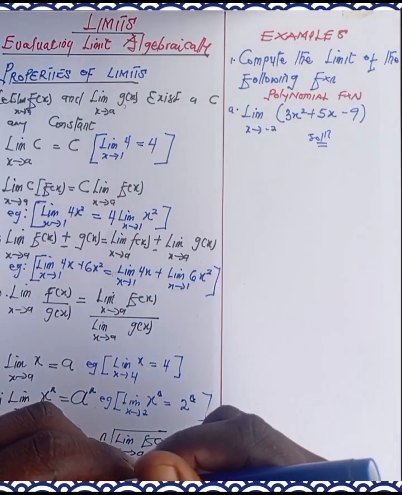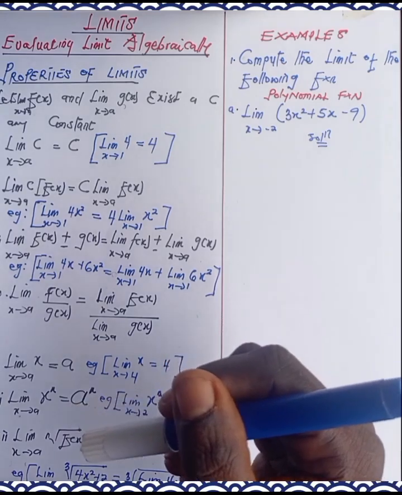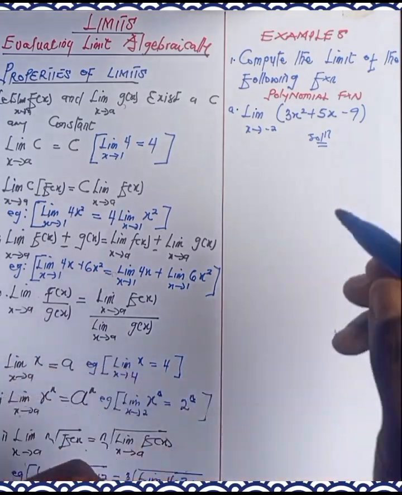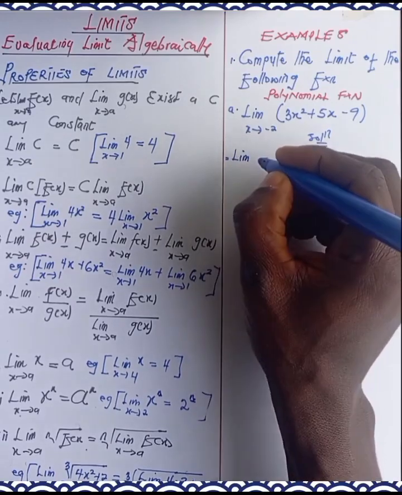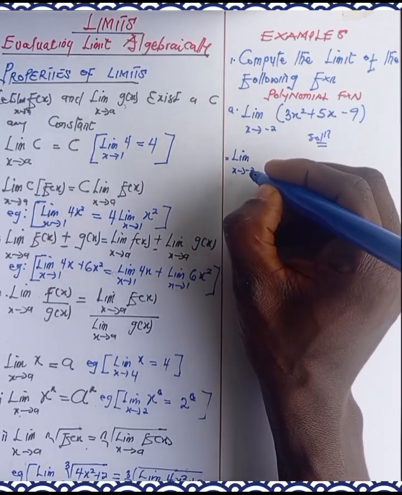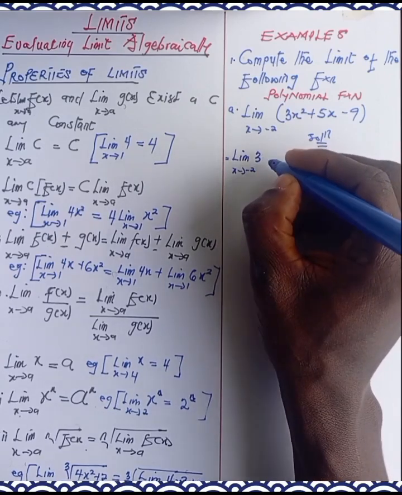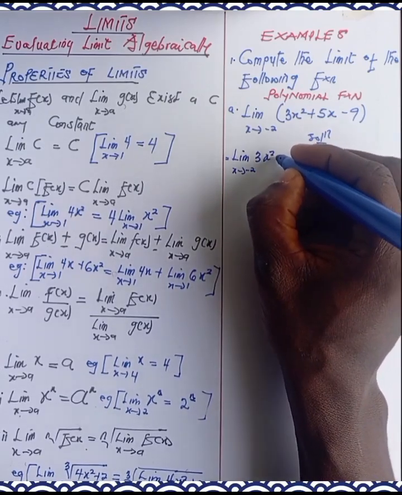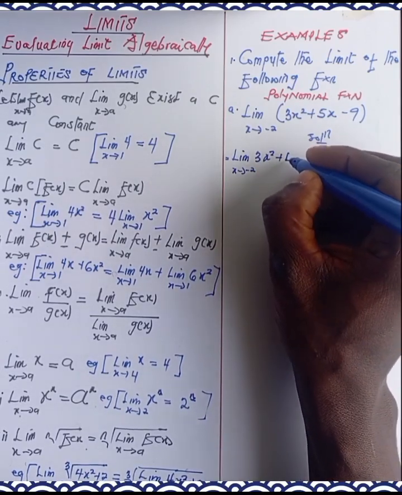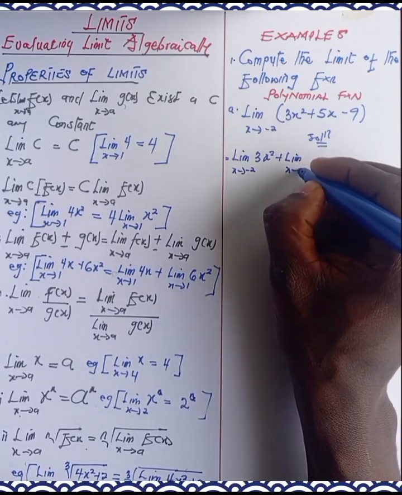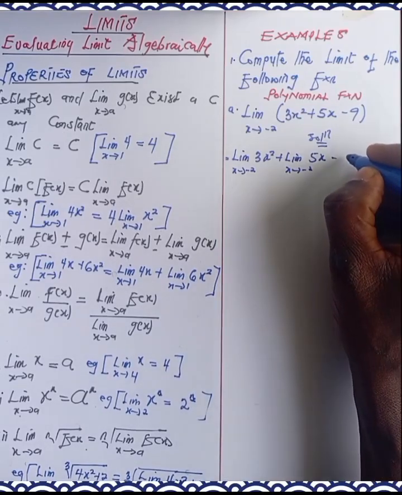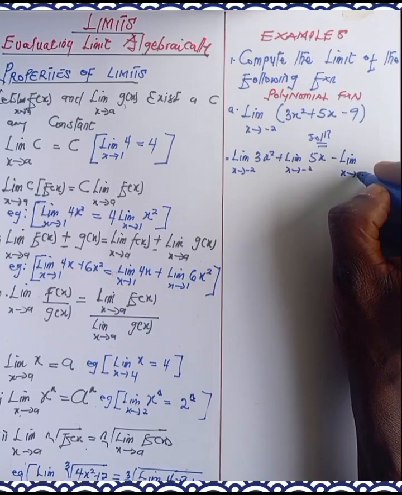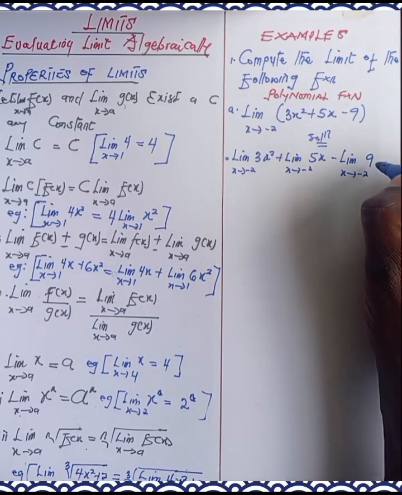So in applying the properties, we are going to get the limit as x approaches -2 of 3x squared plus the limit as x approaches -2 of 5x minus the limit as x approaches -2 of 9.